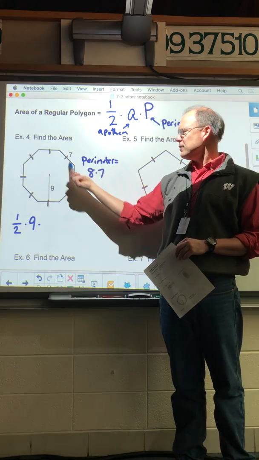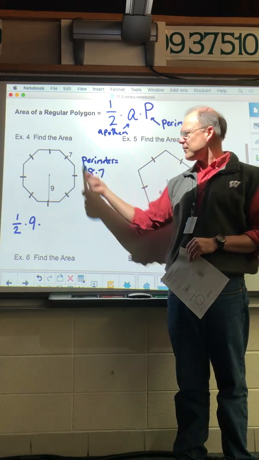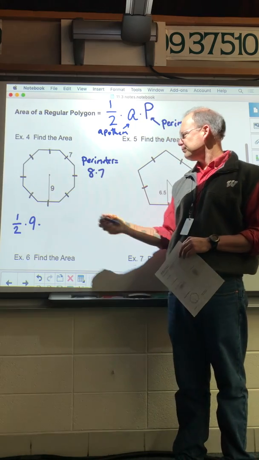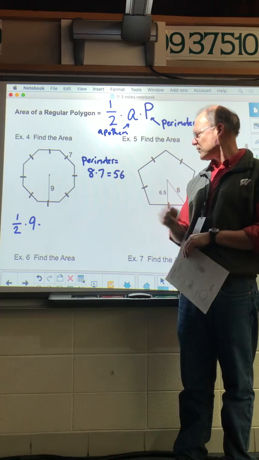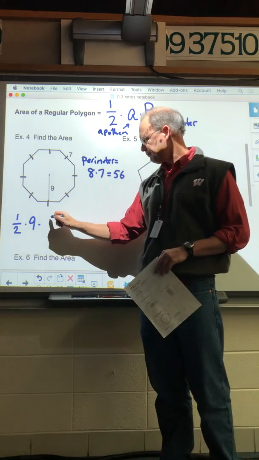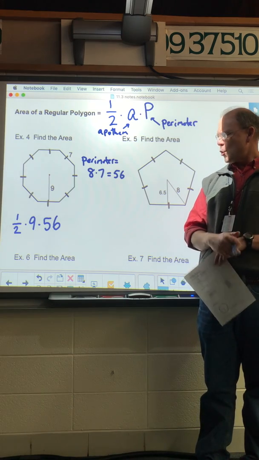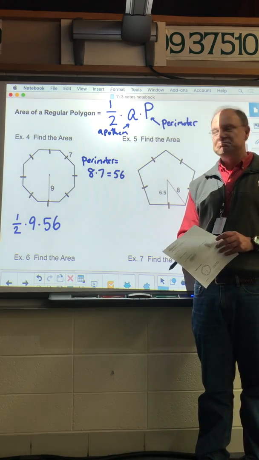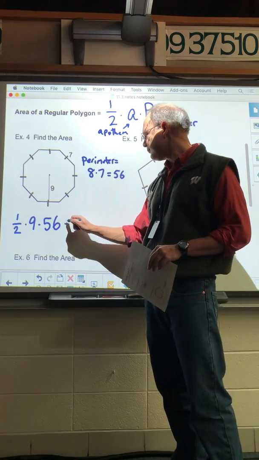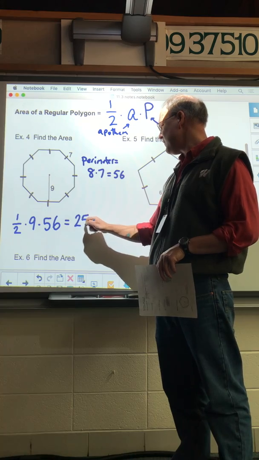Each side is 7. There's 8 sides. So 8 times 7 is going to give you the perimeter. So that's 56. So 1/2 times 9 times 56. And that's going to be our answer. 252.